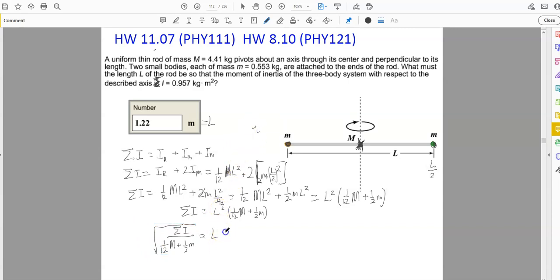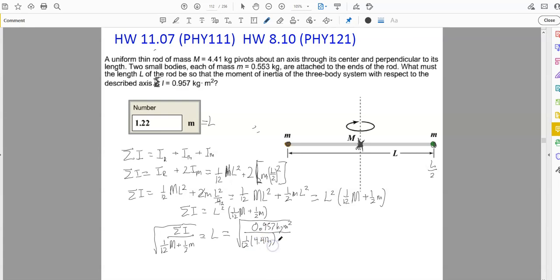Okay. All right. Let's start putting in some numbers. So that means we got a square root, and the total moment of inertia is 0.957 kilograms meters squared. And that's going to be divided by 1/12 of the big mass, which was 4.41 kilograms.